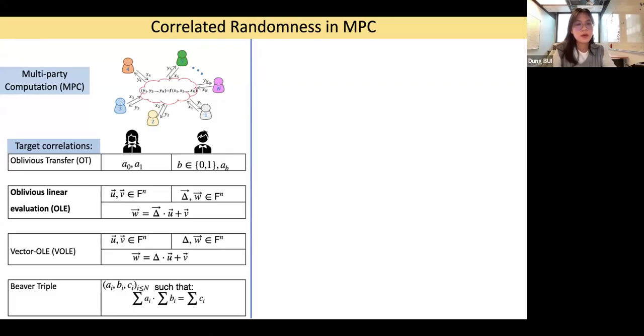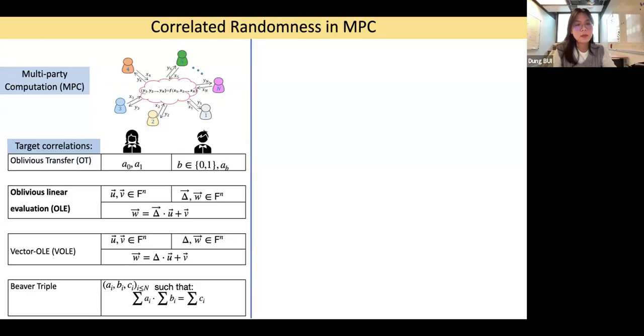So in OLE, you have Alice with the vectors u and v, Bob has the vectors delta and w, but those vectors need to satisfy the linear correlation. And there is vector OLE, which is a specific case of OLE where the vector delta becomes one single value delta.